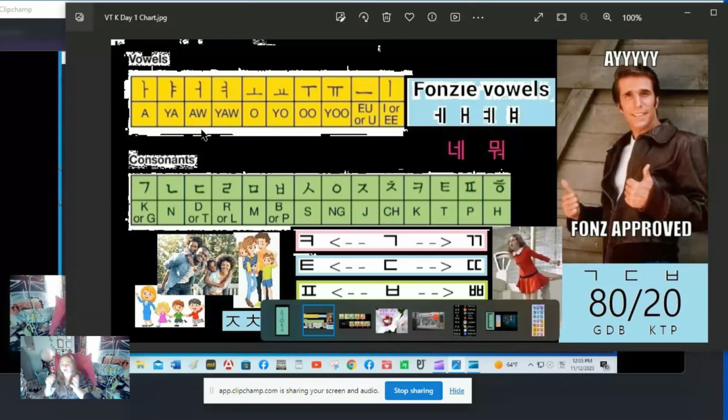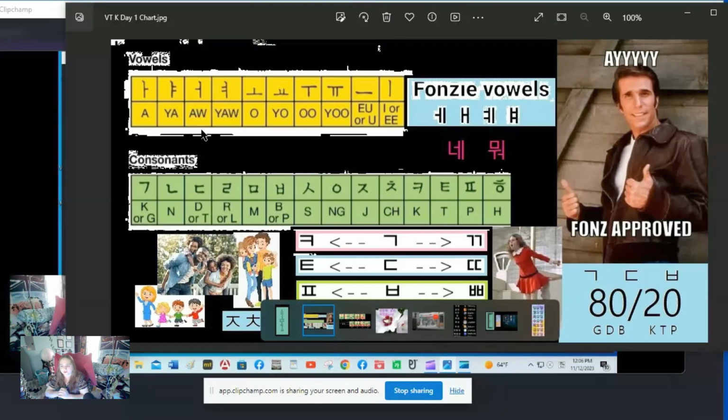Versus, as I get older, I start learning hangul. Well, in hangul we have these neat little boxes. We'll talk about block building later. But so when I started learning hangul, I felt so smart. It was something about the blocks. It made sense. Like everything for me just stayed still and I could focus.